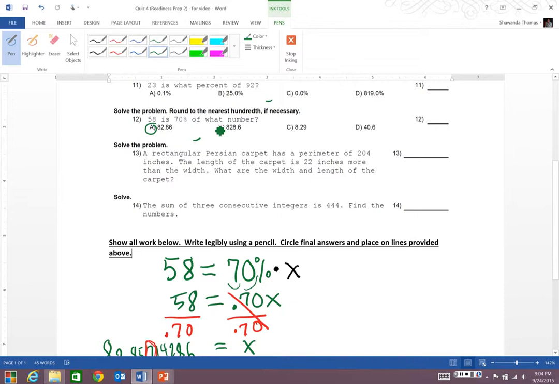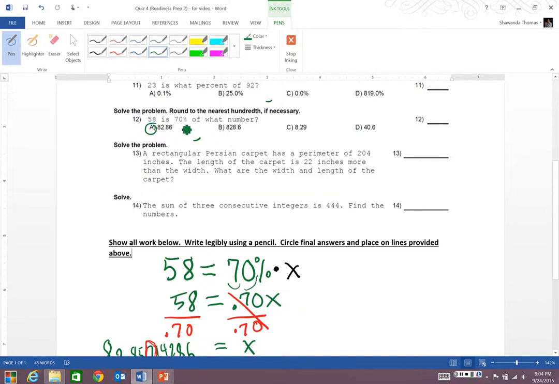Because some of these you could probably guess at the answer if you really think about it. It wouldn't make sense that 58 is 70% of 828. That just doesn't make sense, because if it's 70% of something, it means it's taking up a lot of that number. And 58 compared to 828, they're not even close to each other.